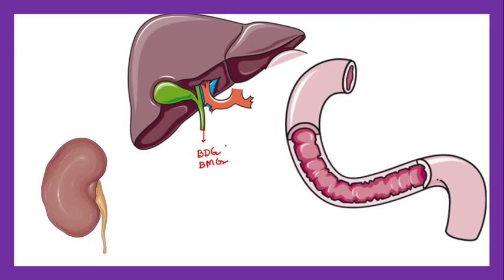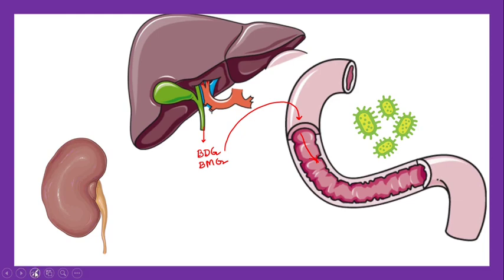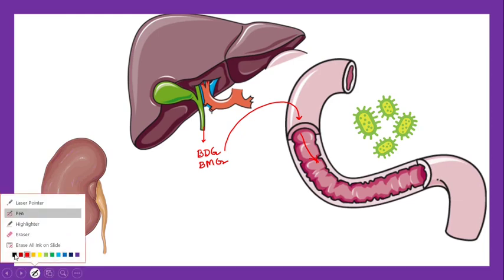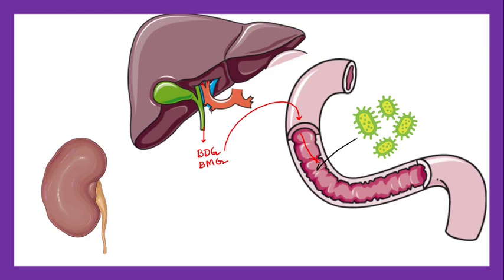Now, they enter the gut, they pass through the gut, and while passing through the gut, what happens? There are certain microbes which come and act on them. The microbes convert this bilirubin diglucuronide and monoglucuronide into something known as urobilinogen.